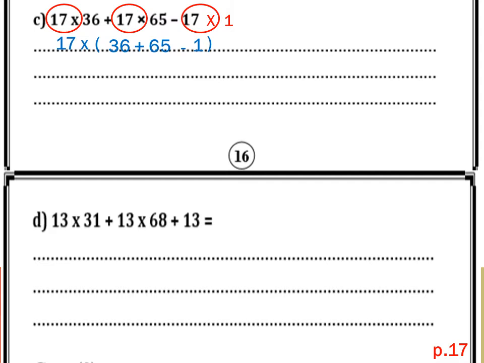Now write the name of the property, which is distributive property. And now we have 17 multiply, solve the bracket on calculator. 36 plus 65 minus 1, which equals 100. So 17 times 100 equals 1700, which belongs to N, closure property.